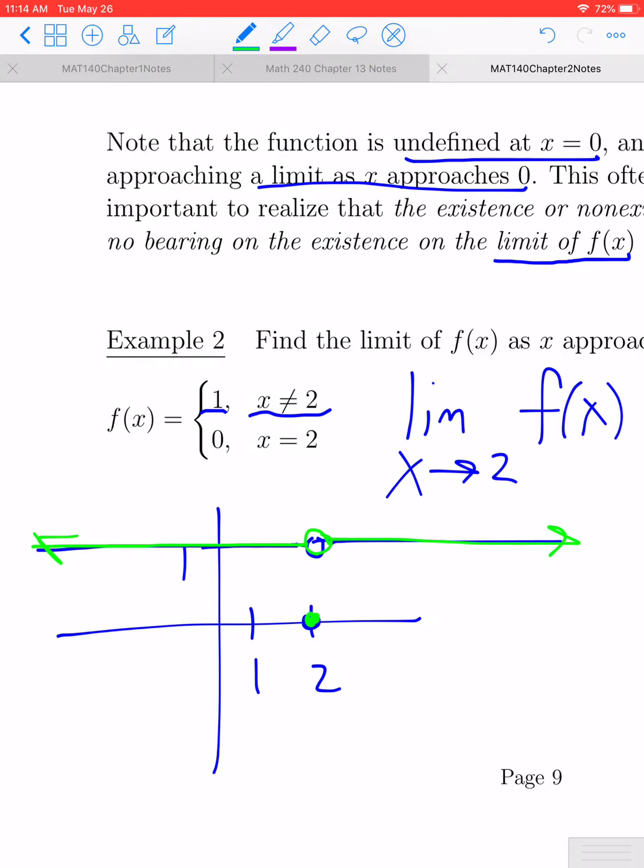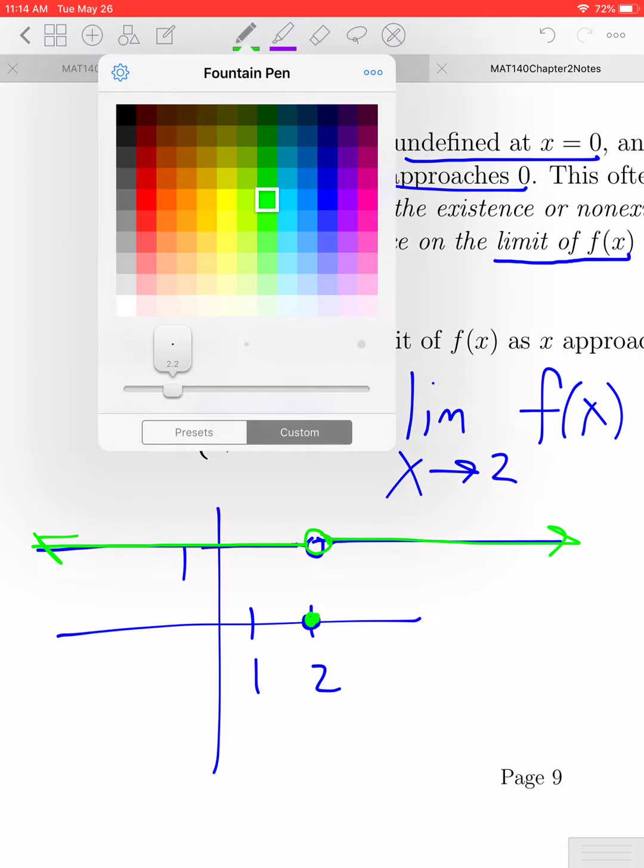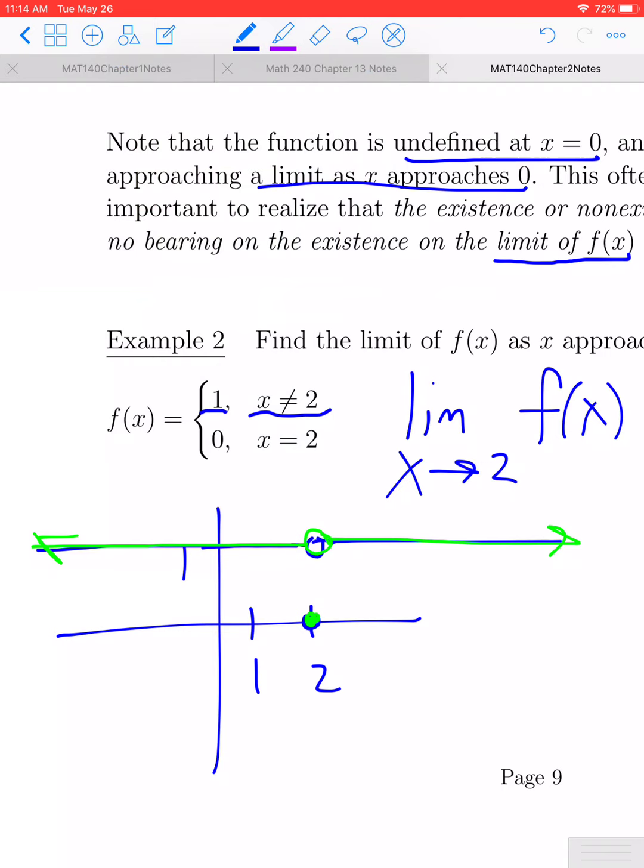So we're asking what is the limit as x approaches 2 of f of x? Well, if we approach 2 coming in from the left-hand side, if you think about it from the output point of view, like we did with a table of values, if I plug in values that are getting closer and closer to 2, this function is always consistently giving us the output of 1, because f of x is equal to 1 for all x not equal to 2.